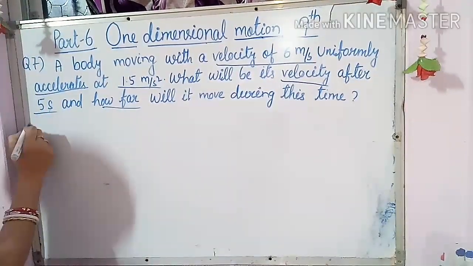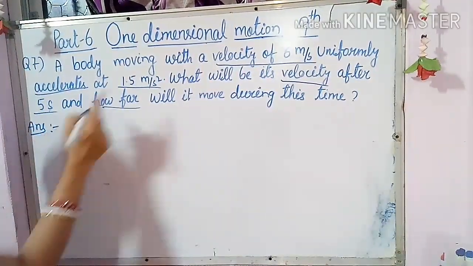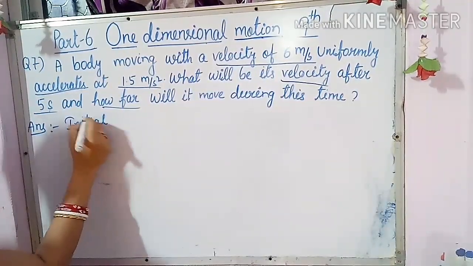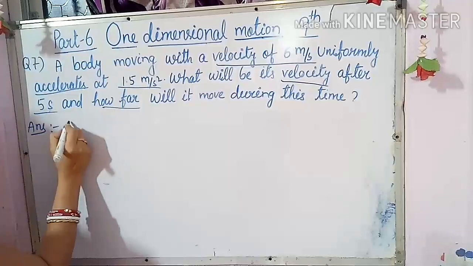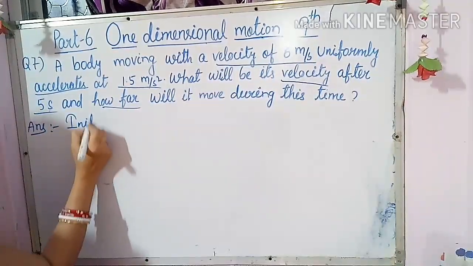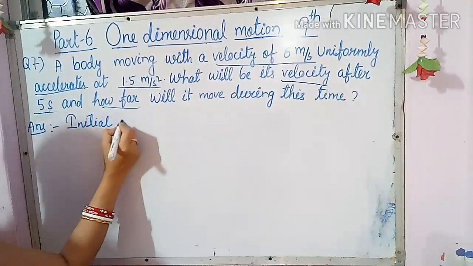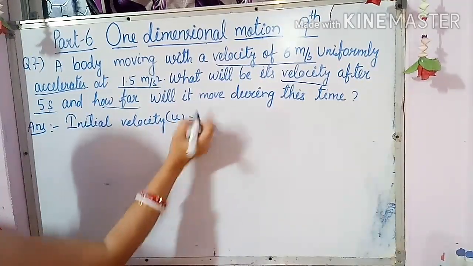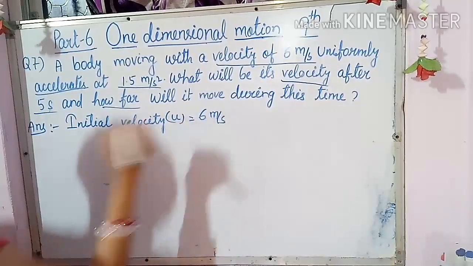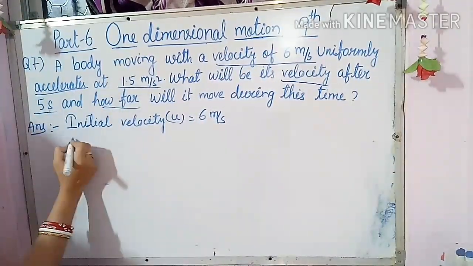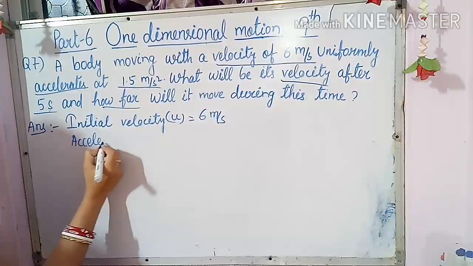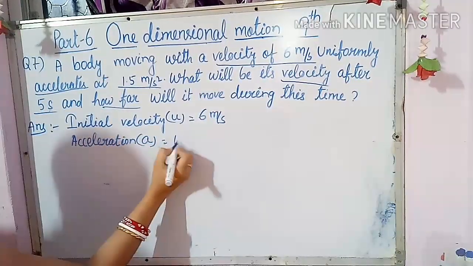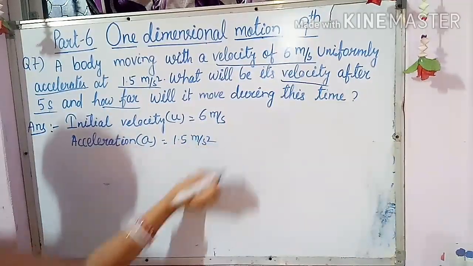Now write it symbolically, children. What is given? Initial velocity u is 6 meter per second. Acceleration a is 1.5 meter per second square.